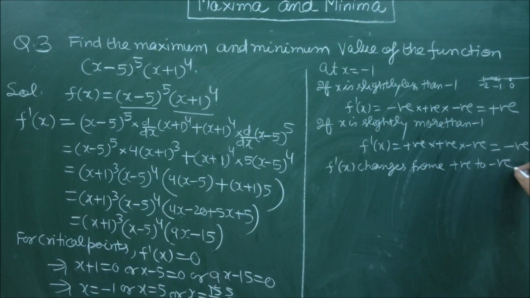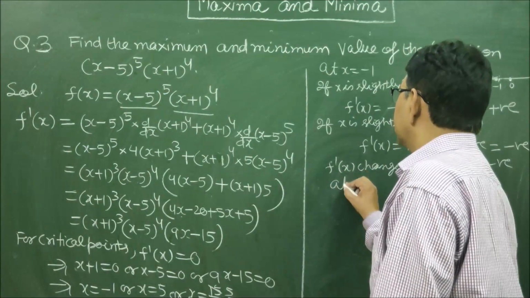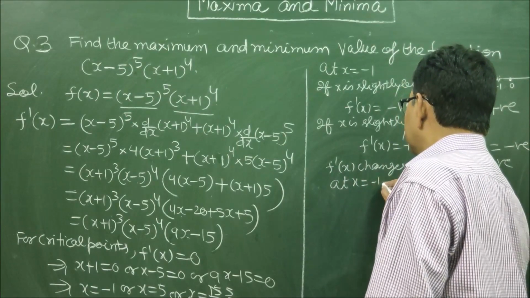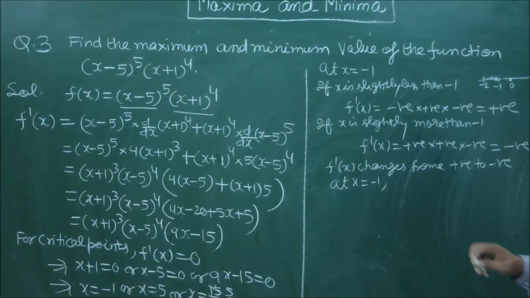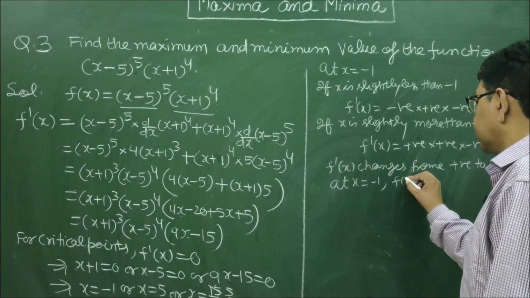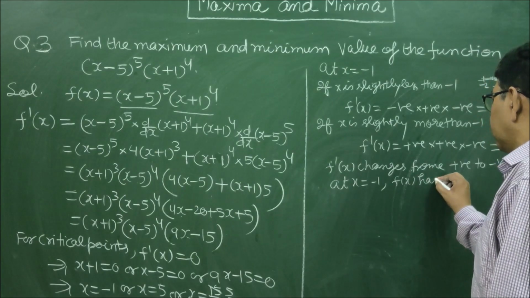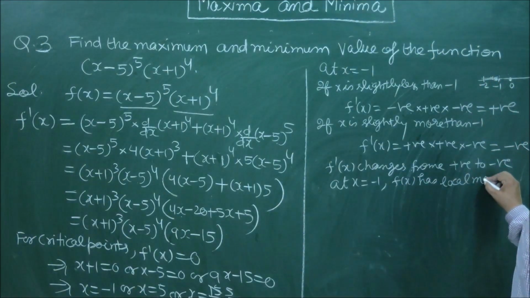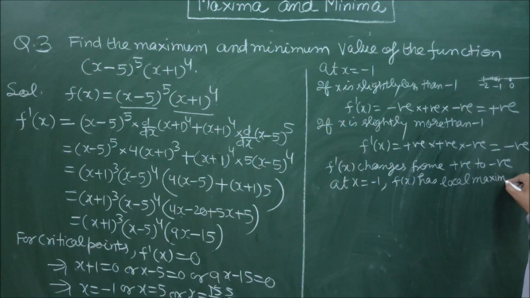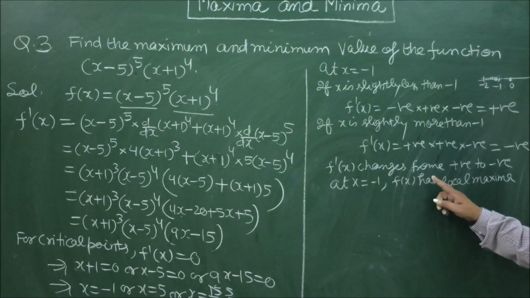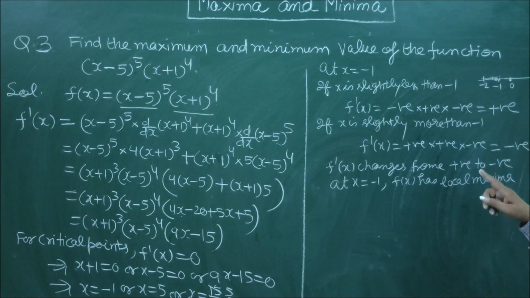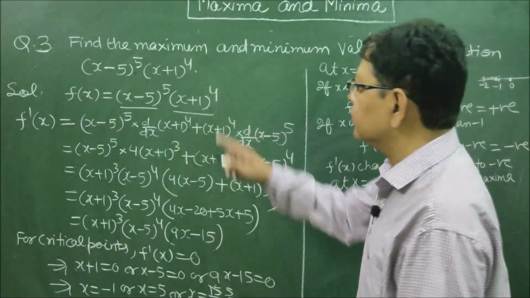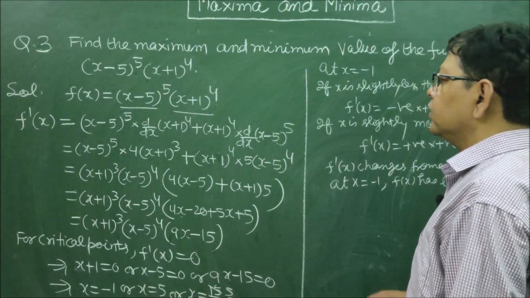Therefore, at x is equal to minus 1, the function f of x has a local maxima, and the maximum value can be obtained by putting x is equal to minus 1 in the function.